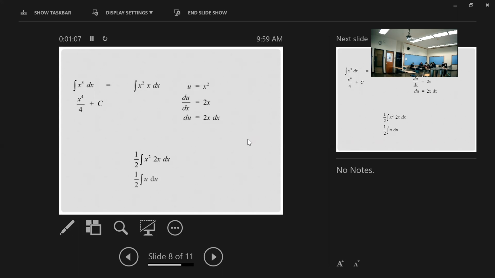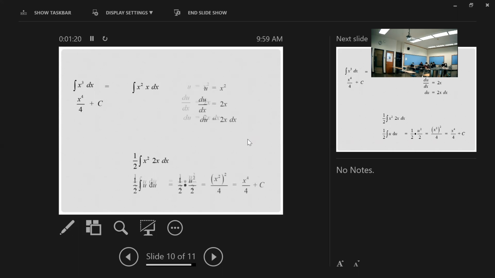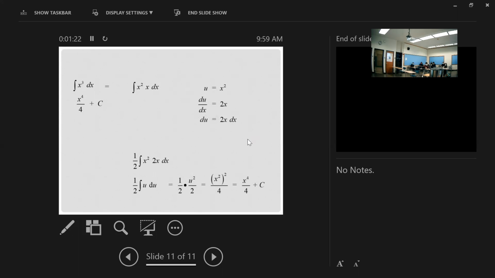And when you did that, now you would have 1/2 mu d mu. Power rule in reverse. That'd be mu to the 2nd divided by 2 times the 1/2 out front, which is mu to the 2nd over 4. I paste what mu equals, which is x squared, and I would get the same answer.